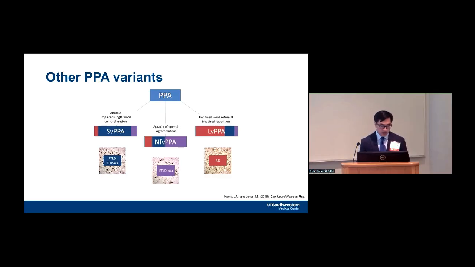The other two: the semantic variant most often is due to TDP-43 pathology, and then the nonfluent variant is a mixture of tau pathology or TDP-43. But again, you can see there is a small representation of Alzheimer's disease that could be causing those syndromes. But most of the time, we're thinking the logopenic variant.